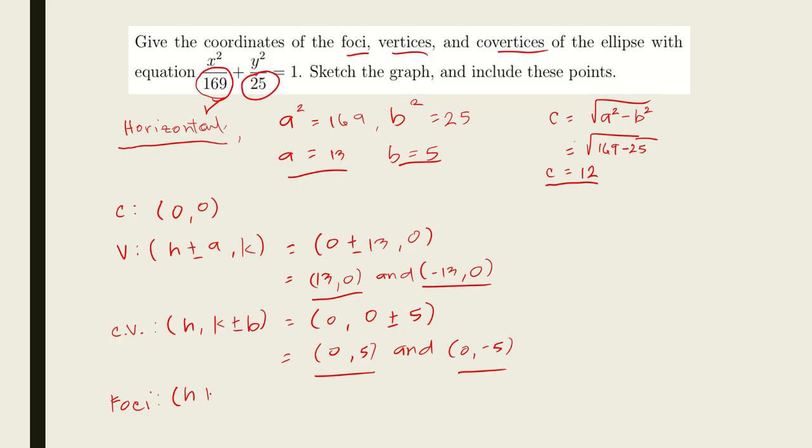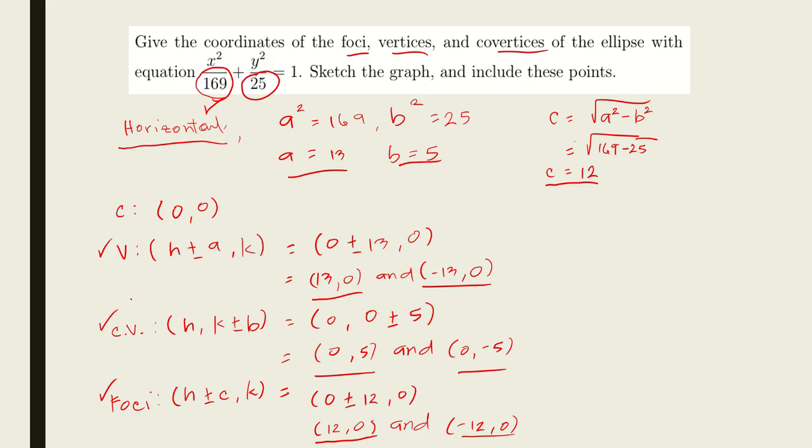Take note that it is h plus or minus c, comma, k. That is simply 0 plus or minus 12, comma, the k is 0. So the two points are (12, 0) and (-12, 0). We already have the foci, and we solved the vertices and the co-vertices.